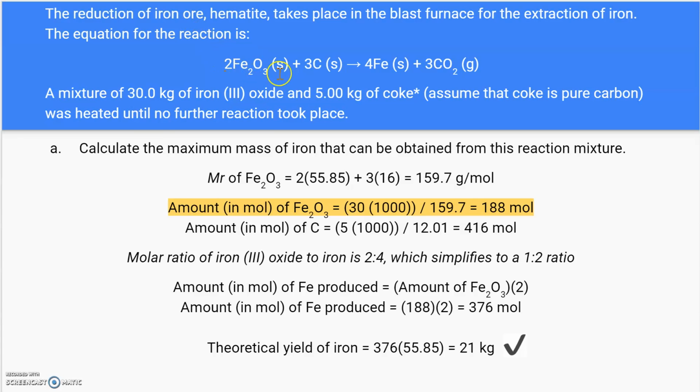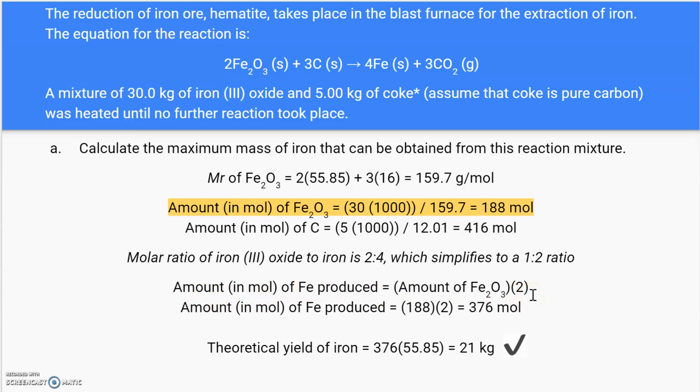We have that 2 moles of iron 3 oxide react and 4 moles of iron as a solid are produced. So the molar ratio of iron 3 oxide to iron is 2 to 4, which simplifies to a 1 to 2 ratio.